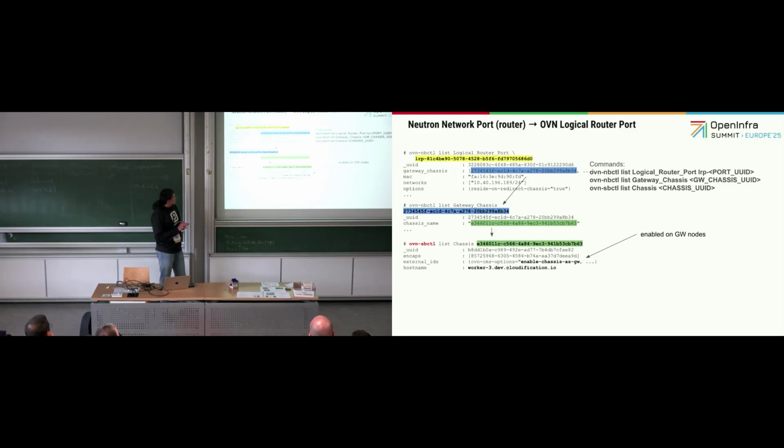And here things are a bit complicated. As I said, they usually use one-to-one mapping, so you can take one resource inside Neutron and map it directly to OVN with one command and see exactly the same data, but this is not the case. Because for virtual routers they use this native HA system.